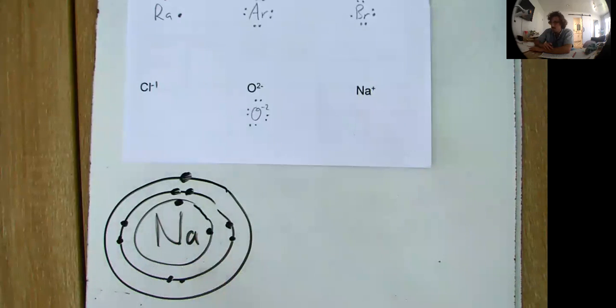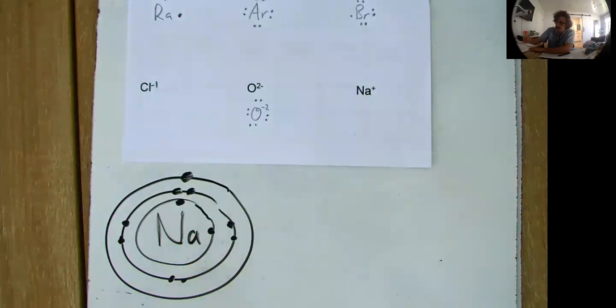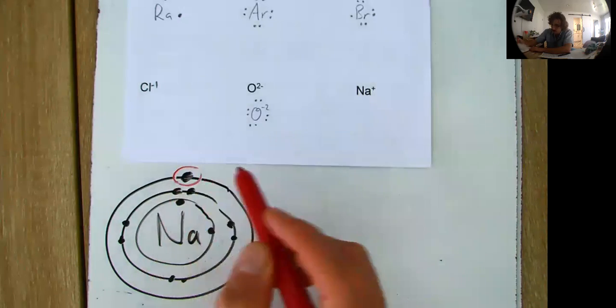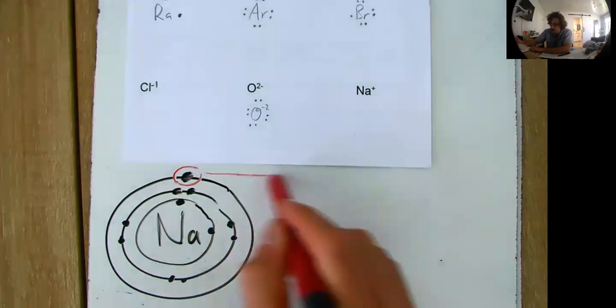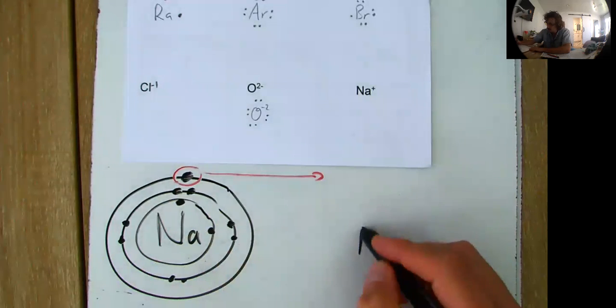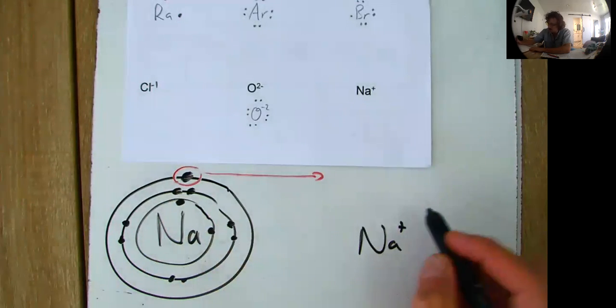Okay, so there's all of sodium's electrons. Well, when sodium becomes an ion, remember that last electron leaves. There's no longer 11 electrons. It goes away. So now what we have is a sodium ion that looks like this.